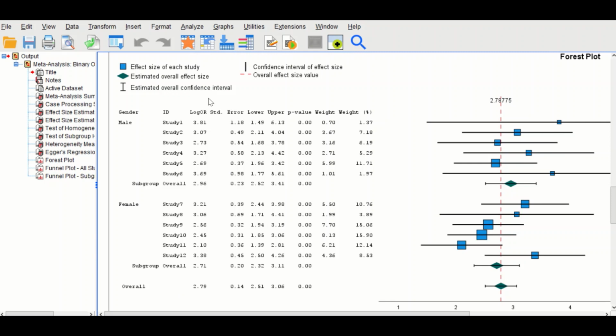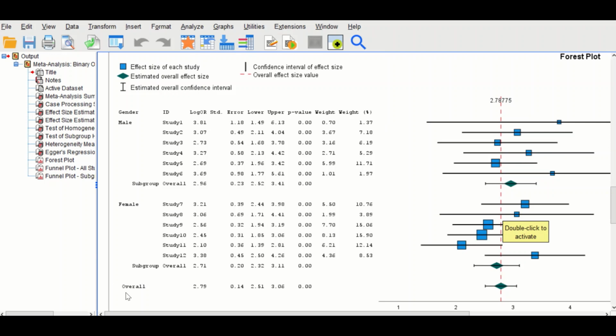So in the first section here is the odds ratio for each individual study, scored and recorded here, and the standard error is given with the 95% confidence interval for the lower limit and the upper limit, and the p-value for each individual study, and the weight percent is also given here, and the weight percent reflects the effect of the sample size on the overall meta-analysis calculations.